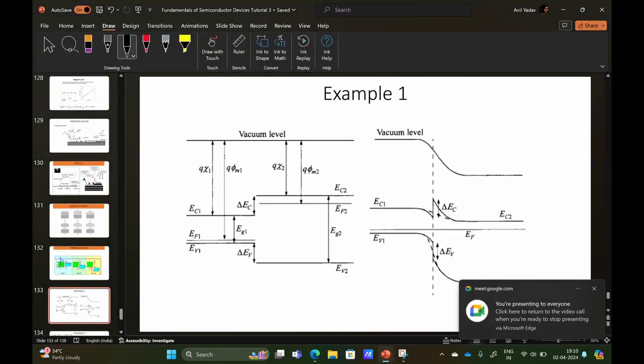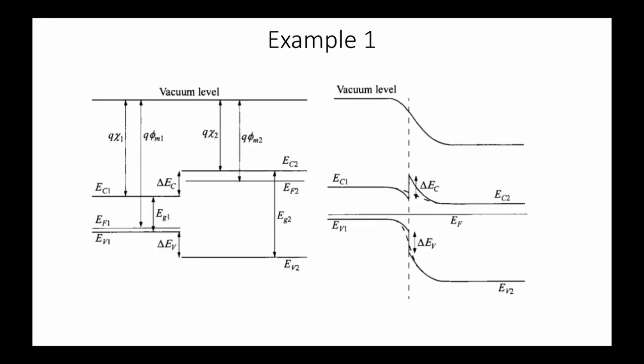Now, as we have seen, this whole part will move up and this whole part will move down to align the Fermi level. The Fermi level will be constant after joining these two semiconductors.